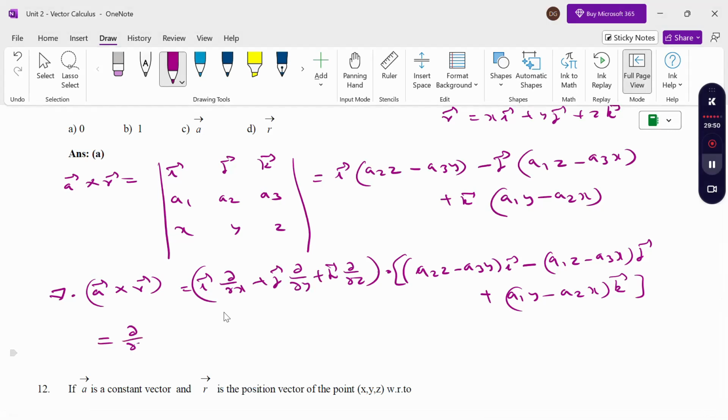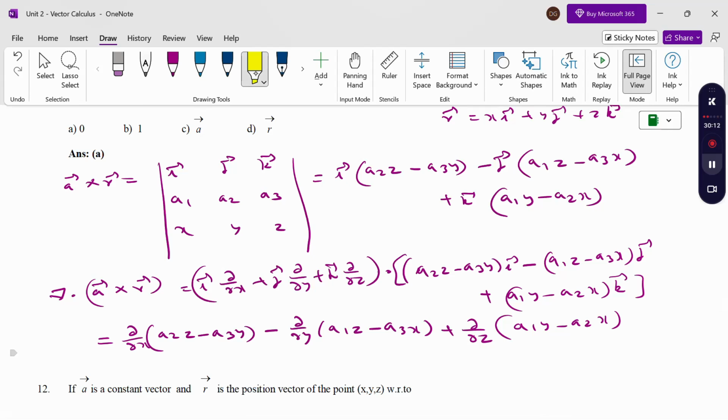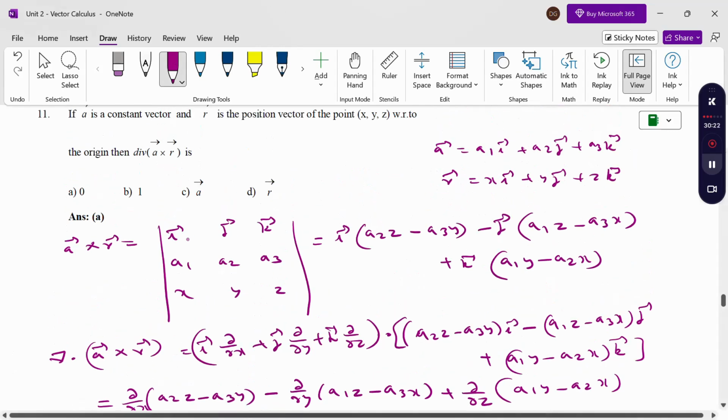Therefore dou by dou x of a2z minus a3y, then minus dou by dou y of a1z minus a3x, plus dou by dou z of a1y minus a2x. So when I am differentiating the term, the first term has no x term, no y term, no z term, therefore 0, 0, 0 equal to 0. Now the answer, first option A, 0.